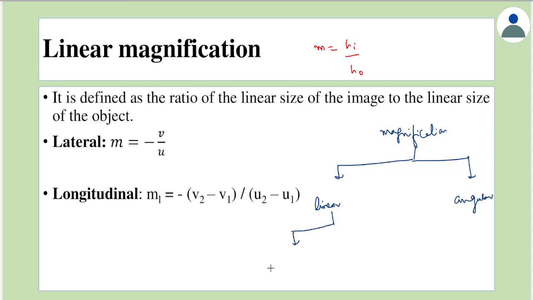One is called lateral, the other is called longitudinal. We will take up angular magnification in a later topic. For now, we will stick with linear. When I say linear, what we actually mean is lateral.